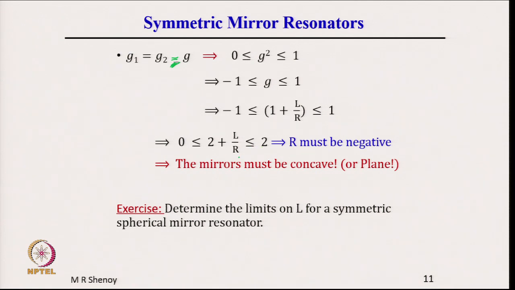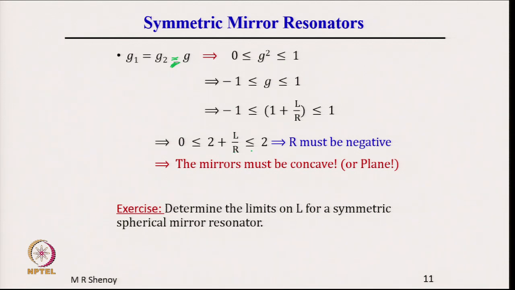This implies that R must be negative, because this quantity must be less than or equal to 2. That means L by R can be less than or equal to 0, and therefore R must be negative, or R can be infinity. If R is infinity, then this is 0, so this inequality is satisfied. Otherwise R must be negative, so that we have this quantity less than 2.